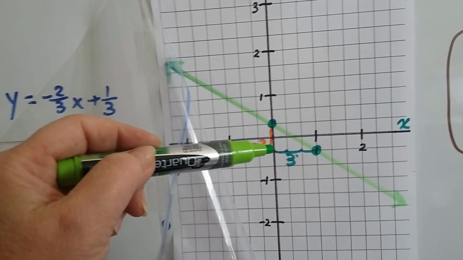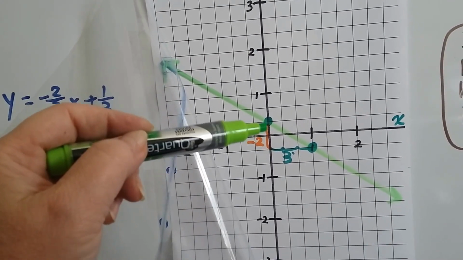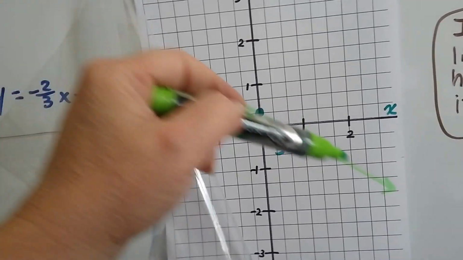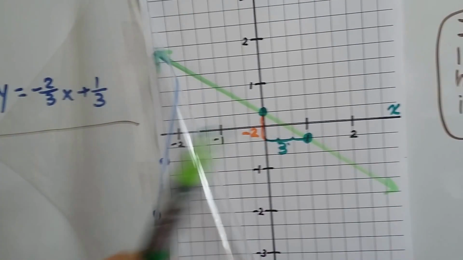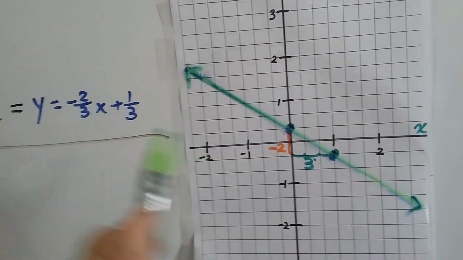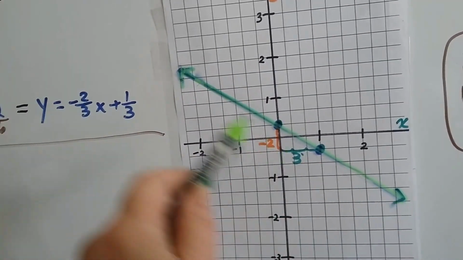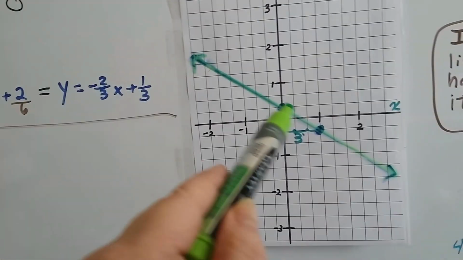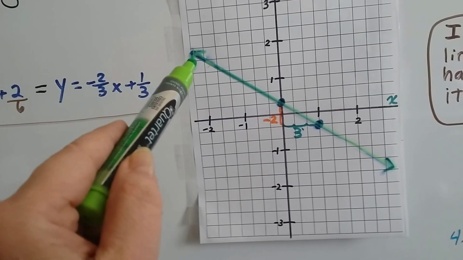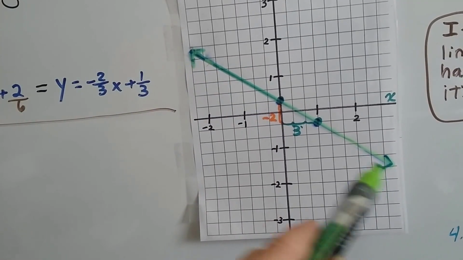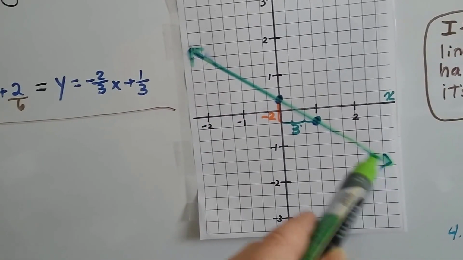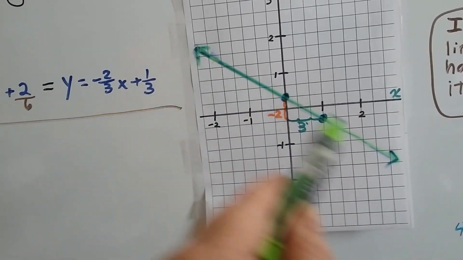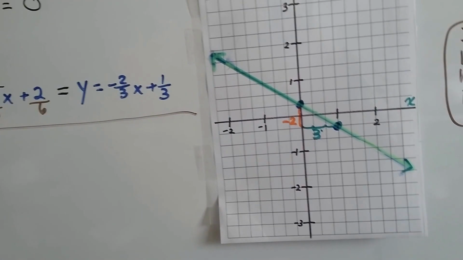So we went down 2 for our rise, it's a -2 rise, and over 3 for our run. We graphed the line, and this is what we got. When we graph the line for the other one, it's the exact same thing. They lay on top of each other. Now, every single place that these two lines touch is a solution. And because they're laying on top of each other, every single spot is a solution. So there's infinite solutions. See?